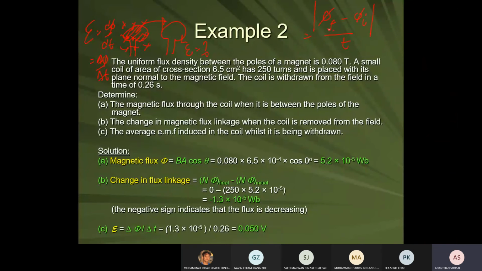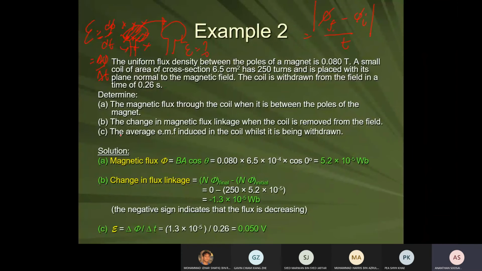There's no need to put the negative, because the real equation has a negative. In calculations, Cambridge just wants the magnitude, so you just give a positive answer.